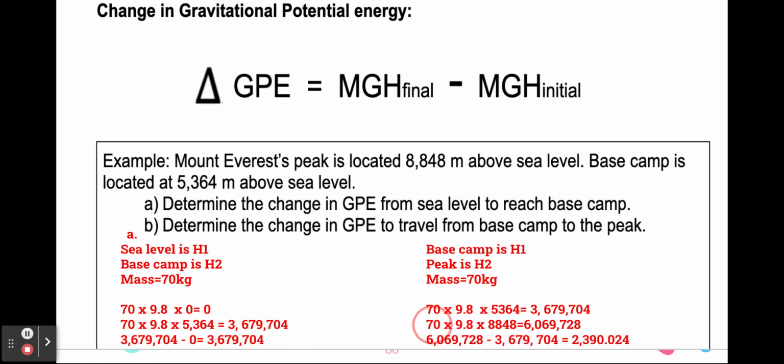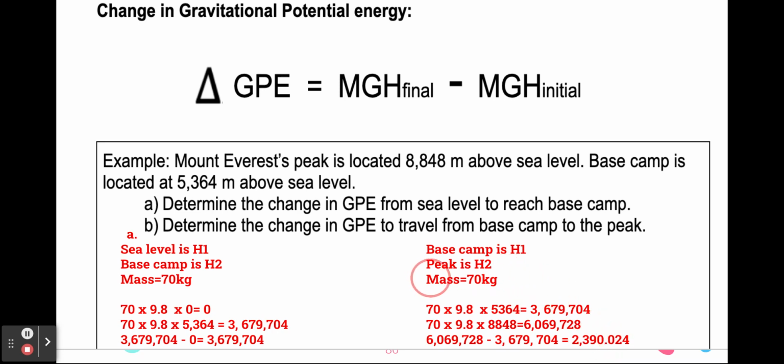Then I'm going to do it for the peak of Mount Everest. So 70 times 9.8 times 8,848 equals 6 million, and some numbers. I take the final gravitational potential energy, which is at the very top, minus the initial, which is base camp, and there is my change in potential energy for this problem.